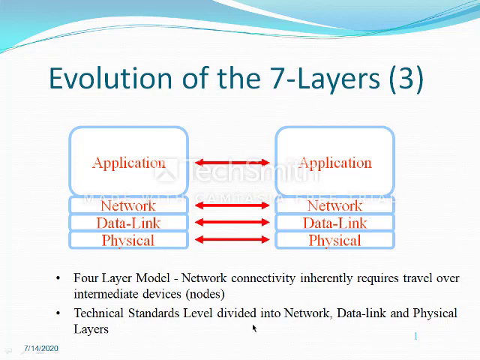The technical standards level is divided into, see here in the back side we have given an application layer and technical standards for 2-layer model. This technical standard level is divided into network, data link and physical layers.